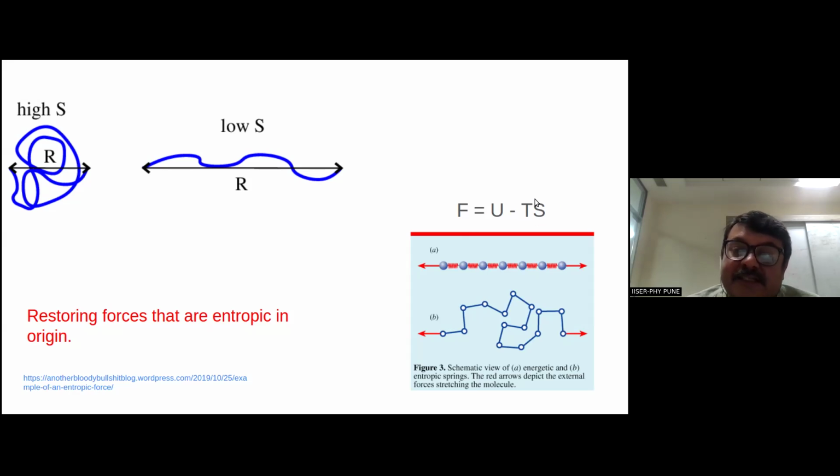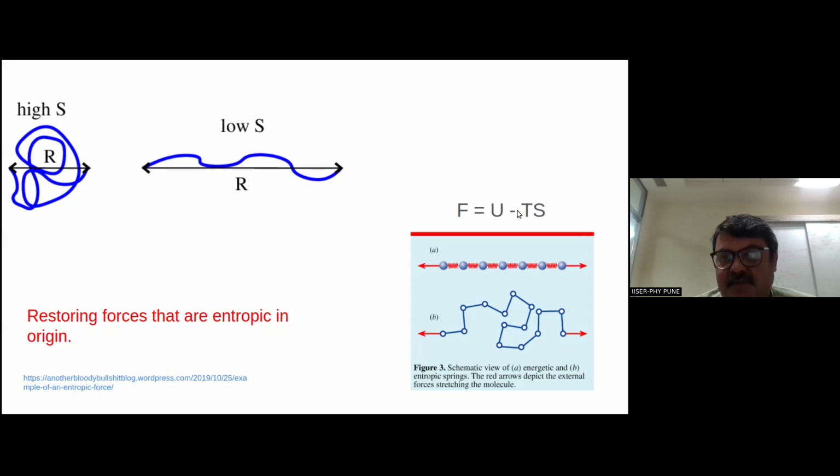So you're decreasing the same number of microstates, but the change in free energy at a higher temperature on pulling it, on stretching it, is more because there's a T sitting here. U is hardly contributing anyway. This is a very minimal contribution for a rubber band.